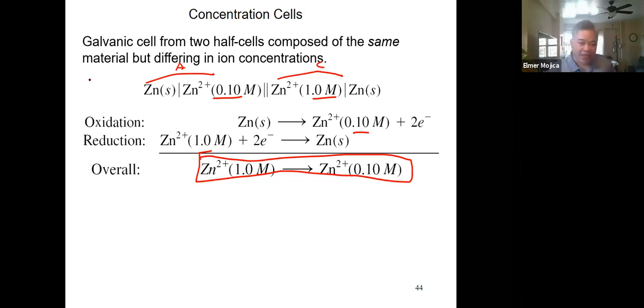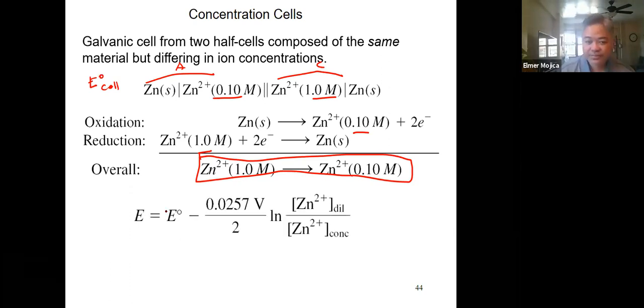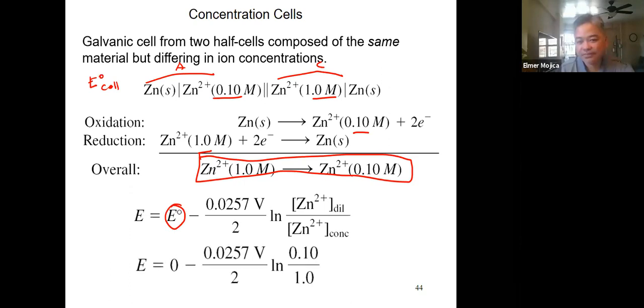But what do you think the value of your standard cell potential is? It's 0. Why? Because you have zinc subtracting zinc, and both of them have the same reduction potential. So everything will depend on this concentration.